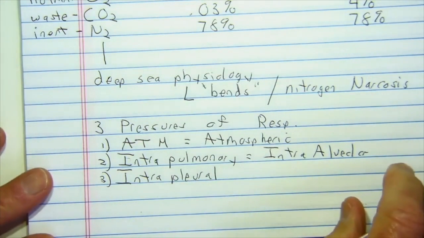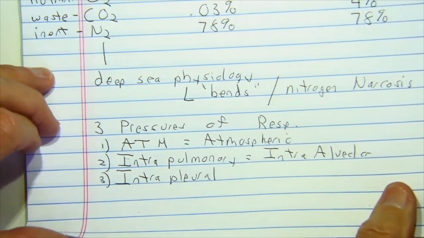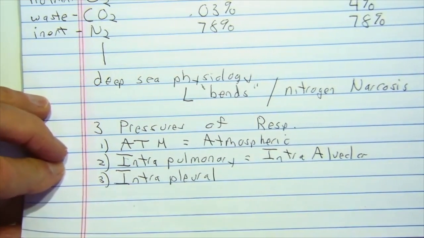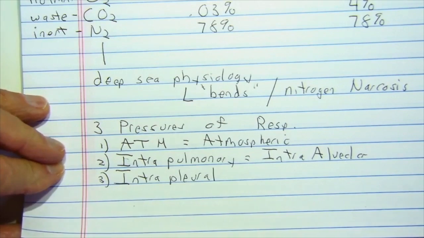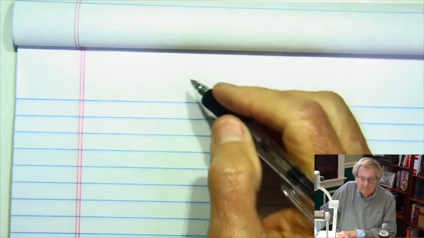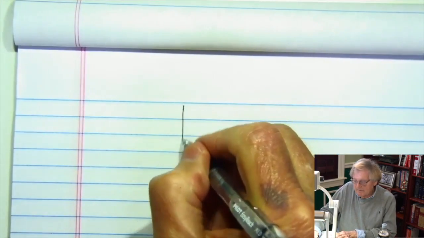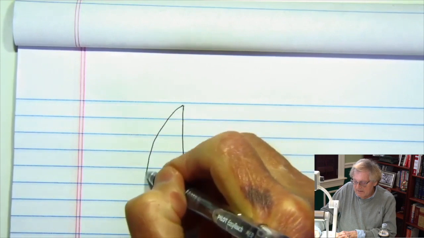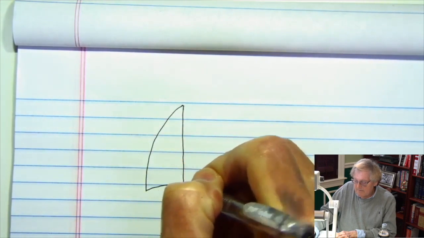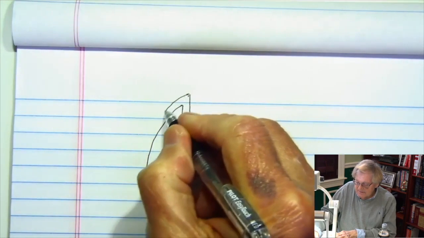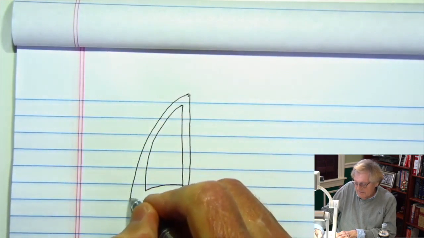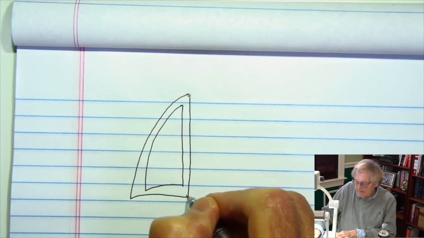Let's just very simply understand what those 3 pressures of respiration are. At the same time, we can really learn what I would call the gross anatomy of the lung. If we look at a lung, I'm just going to look at one right now, it is going to be sitting inside of the thoracic cavity, which is then subdivided into a pleural cavity.